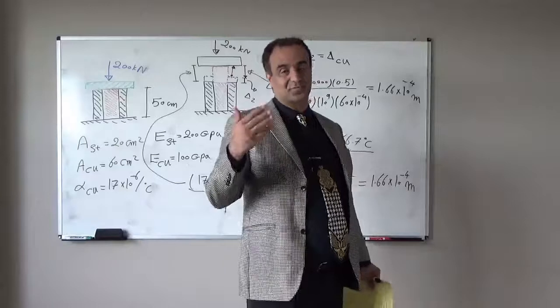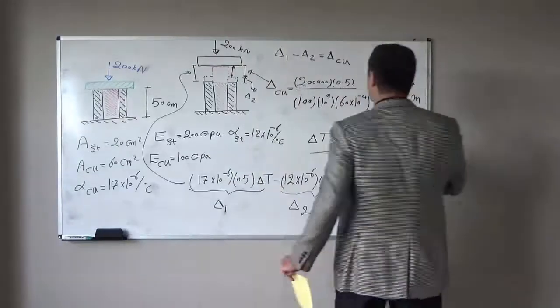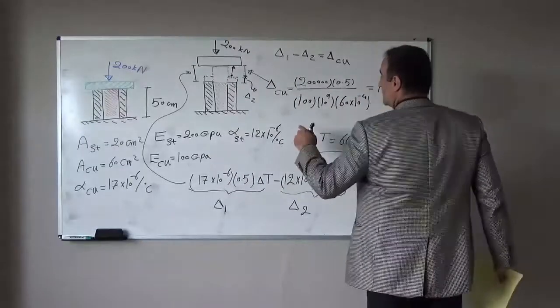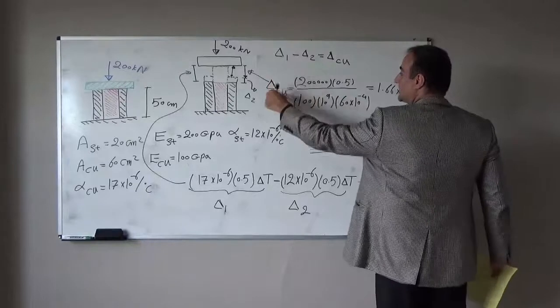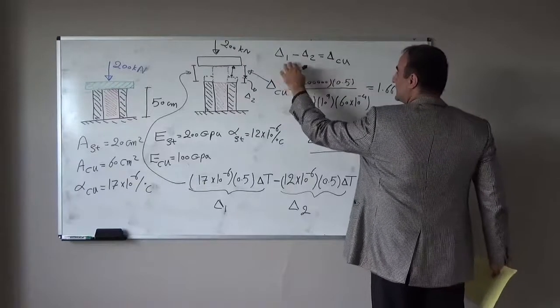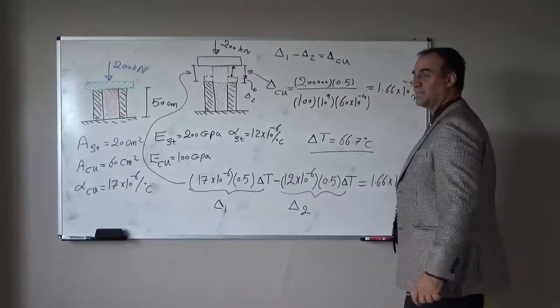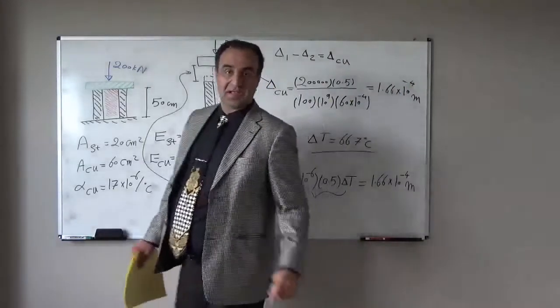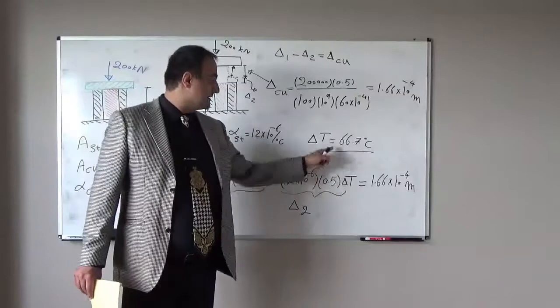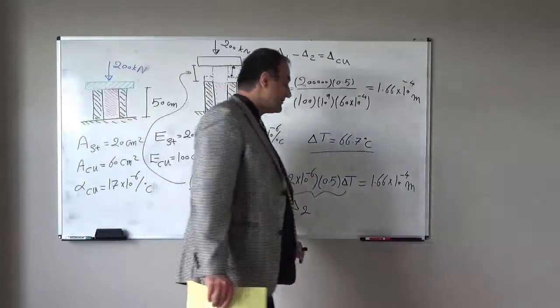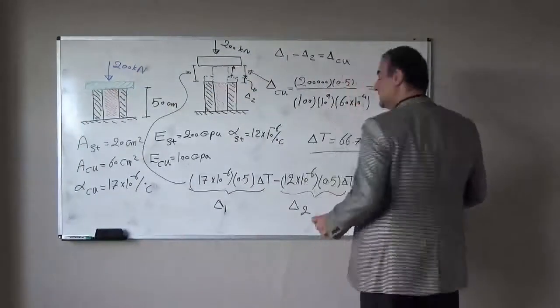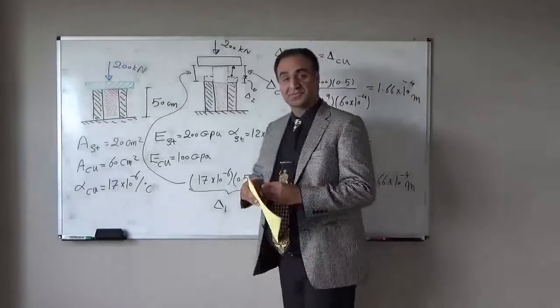It is an approximation. If we plug in here, we will have one equation, one unknown, and that unknown is delta T. So delta T will be 66.7 degrees Celsius.